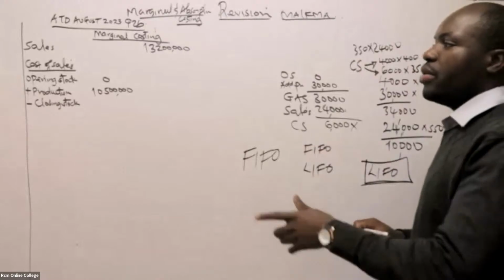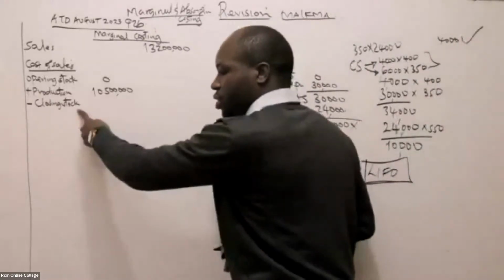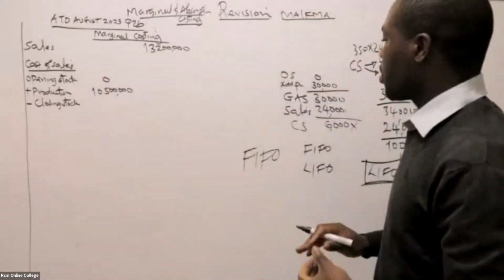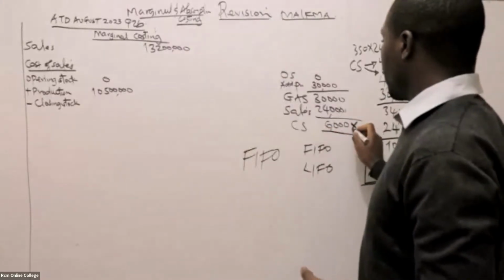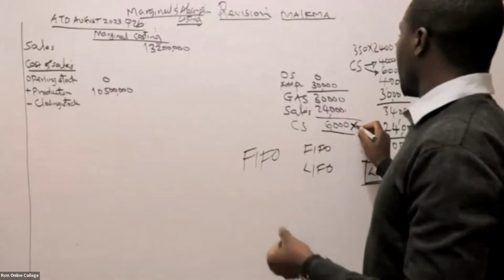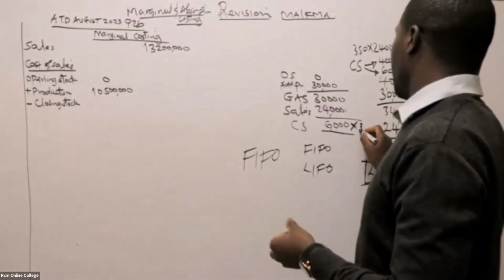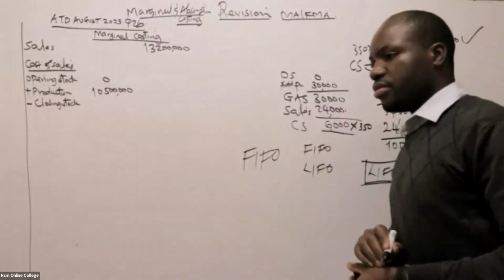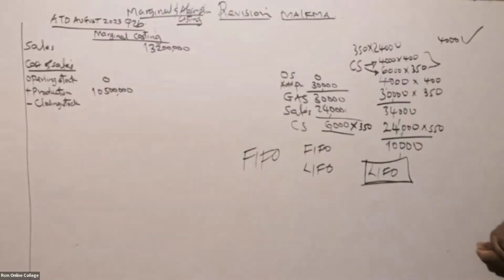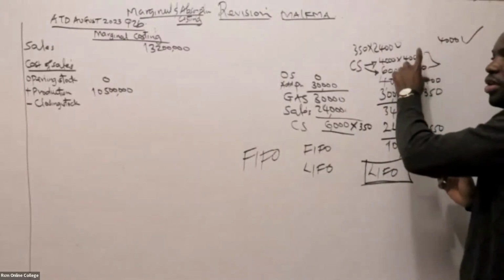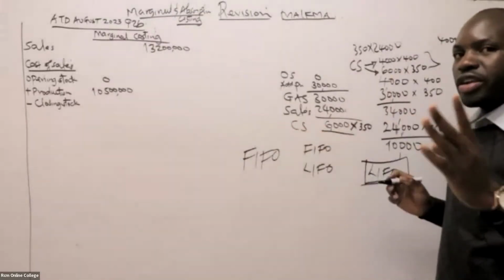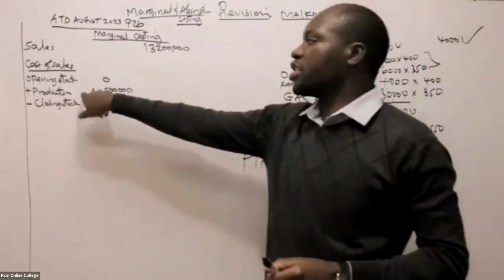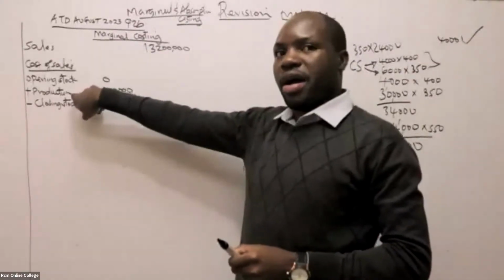That is why when we get the value of our closing stock, we know the quantity is 6,000, but we will get the cost of this closing stock as the production cost for the duration. We will not separate it this way. We are assuming that the opening stock will be sold first, so any closing stock will come from what has been produced during the month.